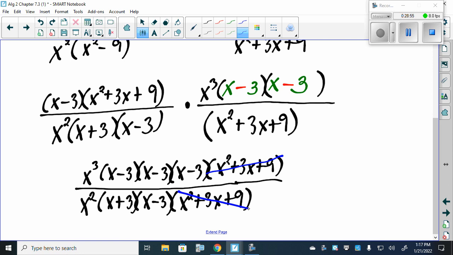We can take away one of the x minus 3's on top with the one on bottom. Can't you take away the x plus 3 and the x minus 3? Not quite, because they have to have the same sign in the middle. You have 1x squared. And I think that's where you were going, Caleb. We'd have 1x on top.